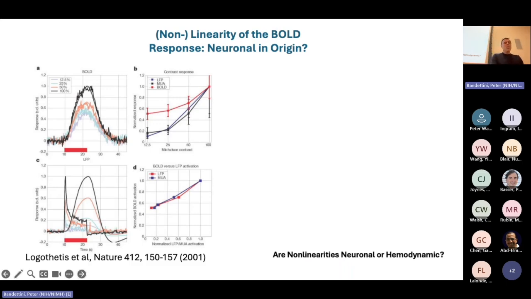This is some seminal work by Logothetis, and he showed that the hemodynamic response behaves very linearly, once again, with a checkerboard that varied in contrast. The more contrasty it became, the hemodynamic response went up, and the electrical activity, the local field potentials, as simultaneously measured, went up.